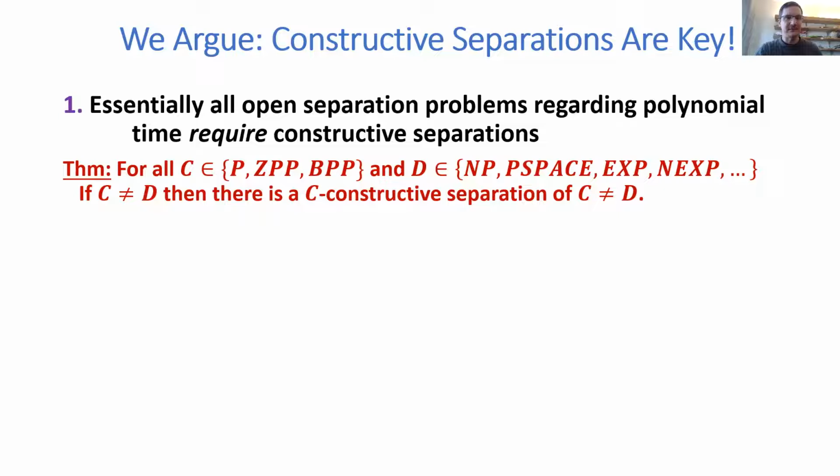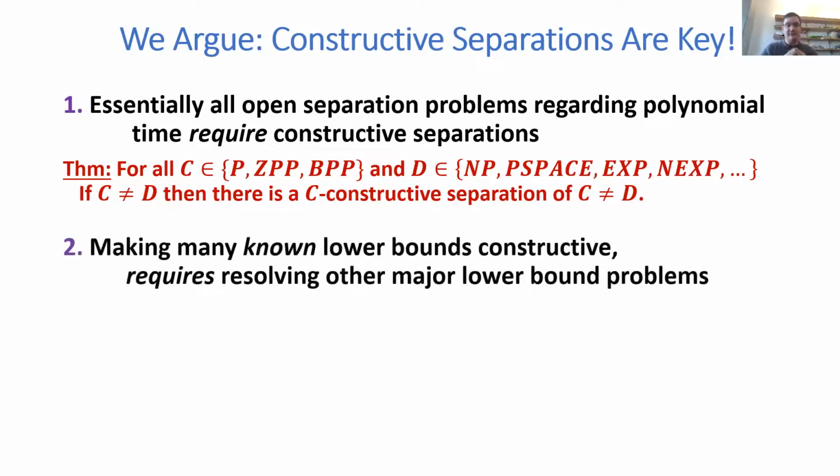So essentially all these problems around polynomial time are going to imply constructive separations. If we manage to prove a good separation against polynomial time, we're going to get a constructive one also, whether we like it or not. So we might as well think about the algorithmic problem of getting a constructive separation.